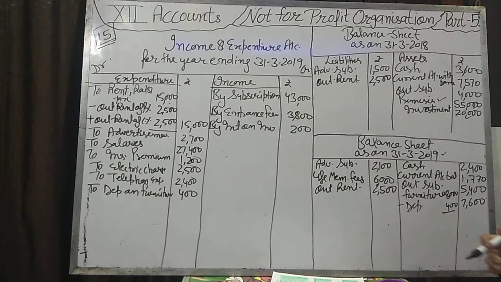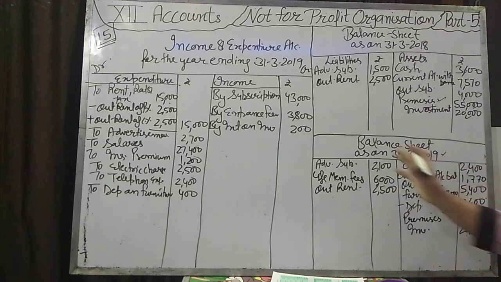And it is not given on the receipt side that we have received any money by the selling of premises or investment. Nor have we purchased any other premises or investment. So as it is, we will write here premises and investment in the closing balance sheet also, 55,000 and 20,000. Okay, now it's complete.